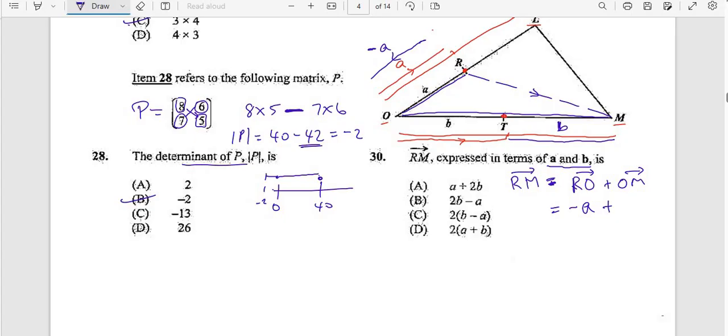So we use the same letter to represent that vector. So O to M is B plus B. If you're going to get from O to M, it's O to T, which is B, and T to M, which is also B. OT is B, and twice that is 2B. So B plus B is 2B. So that's our solution, which we can write the other way around. We can put the positive 2B first and the negative A after. So that's the solution, 2B minus A.